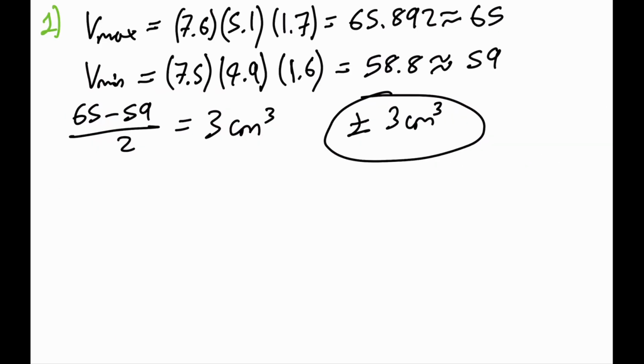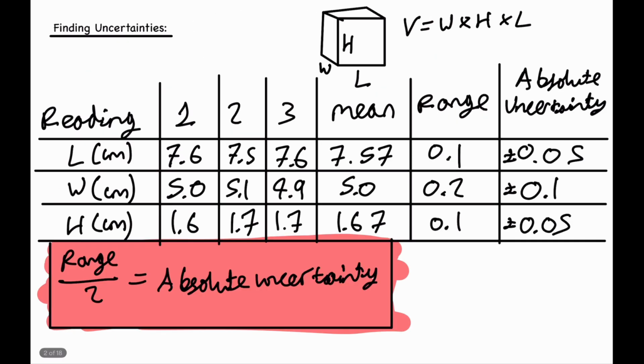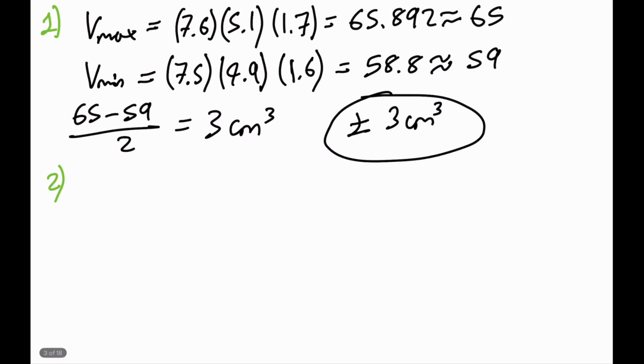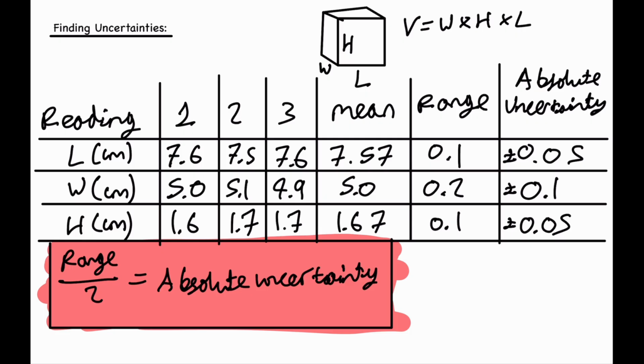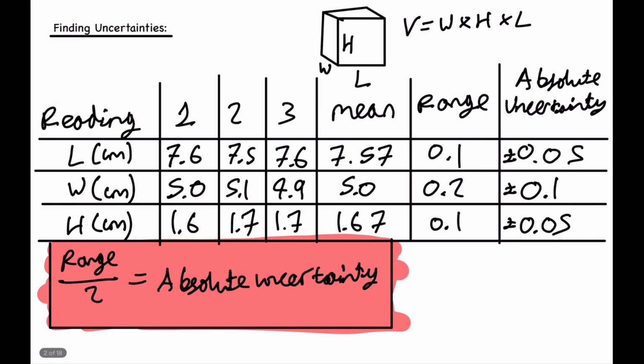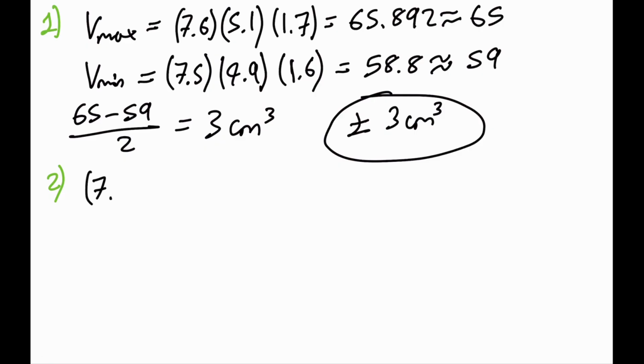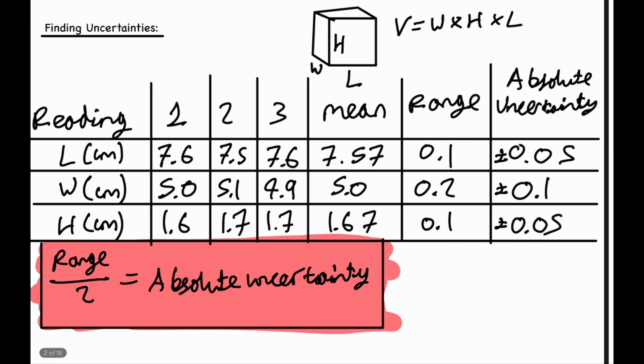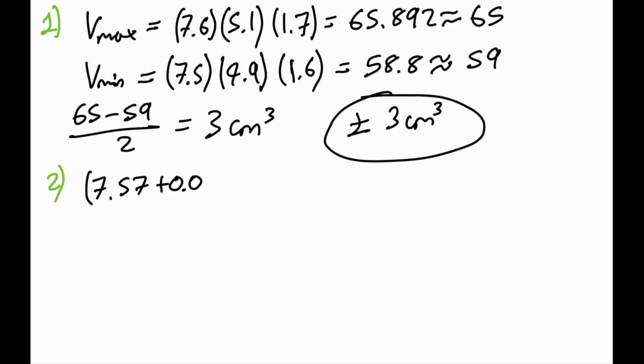So the second method of finding the uncertainty, we're going to do the same thing. So find our maximum and minimum values of the volume. Instead of finding the maximum from here, we're going to just use the mean and then either add or subtract, hence this sign we've used here, the absolute uncertainty we've found for each of the values. So for example, for the maximum value of the length, we would do 7.57, which was our mean, plus 0.05.